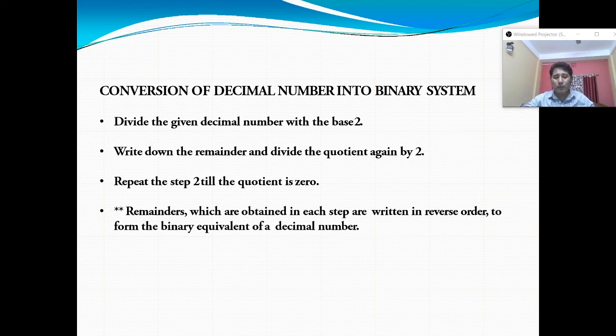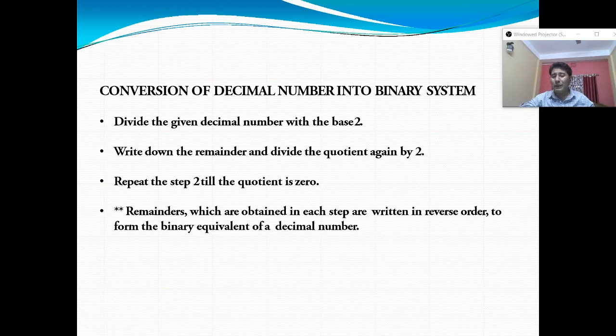These are some of the points that you need to remember. First, we have to divide the given decimal number by the base 2. After that we write down the remainder at the side, and again divide the quotient by 2.